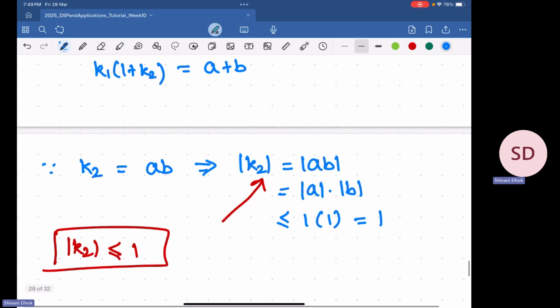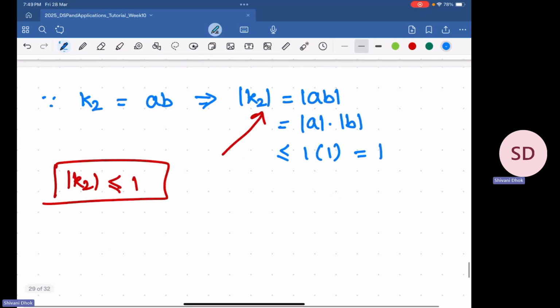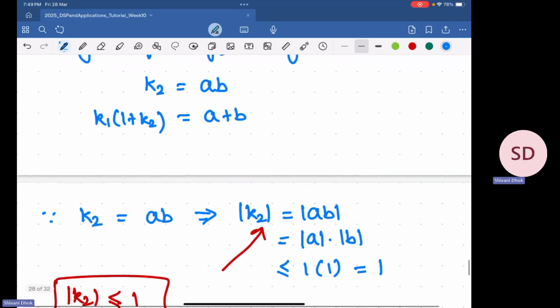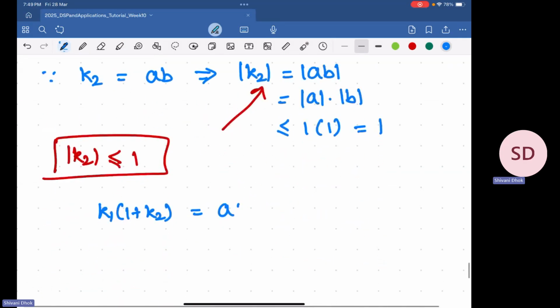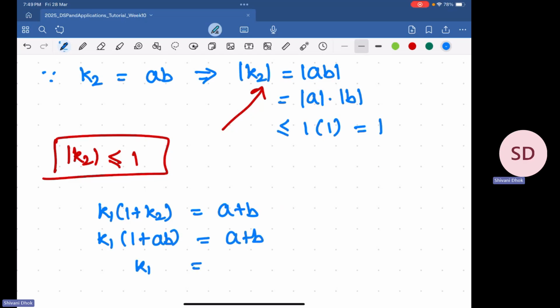Fine. So now we have k1 into 1 plus k2 to be equal to a plus b. Okay. So therefore what we have, k1 into 1 plus ab to be equal to a plus b, and k1 is equal to a plus b upon 1 plus ab.